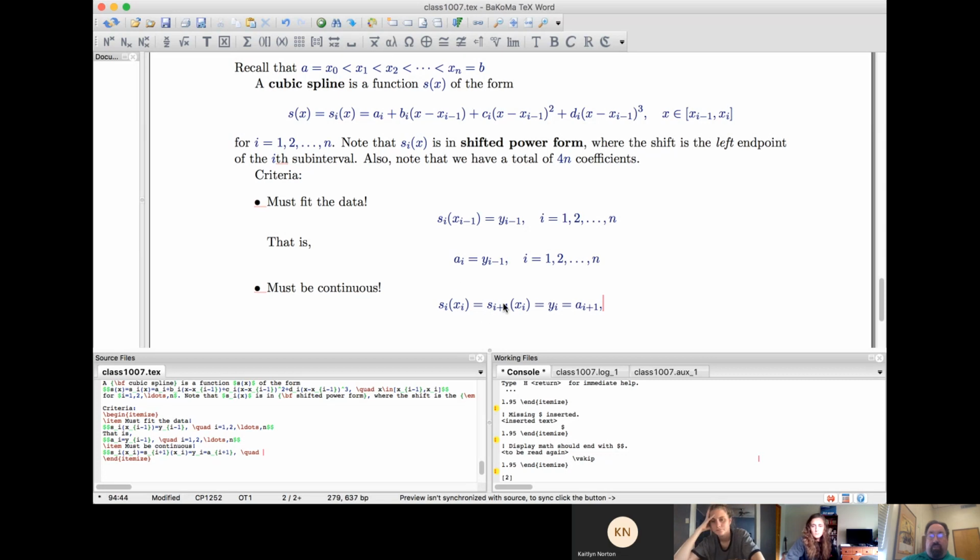Because we have two neighboring pieces, this condition can only be applied at the interior points, starting from x1, x2, and up to x_{n-1}, because we have pieces on either side. So this is true for i equal 1 up to n minus 1.